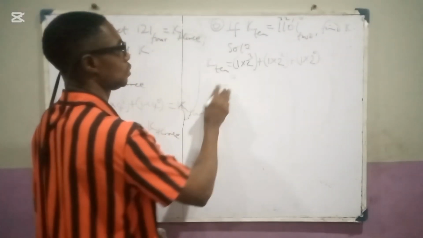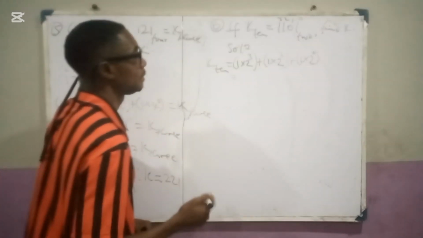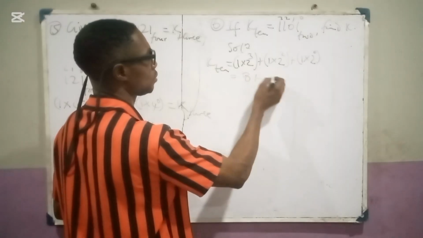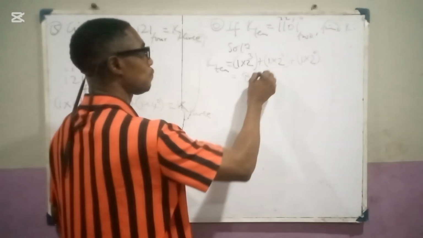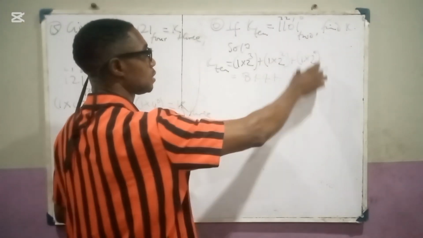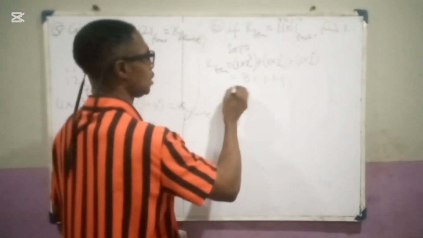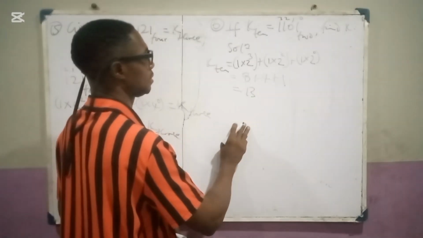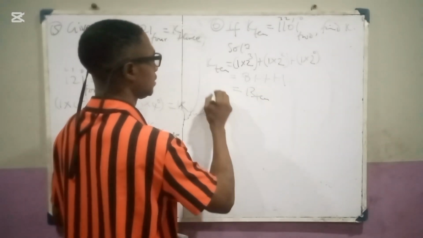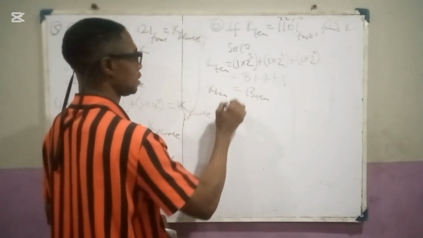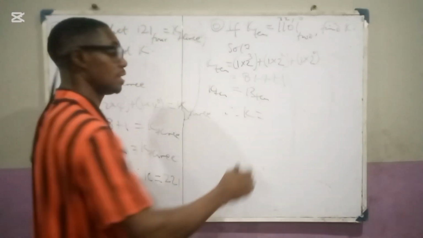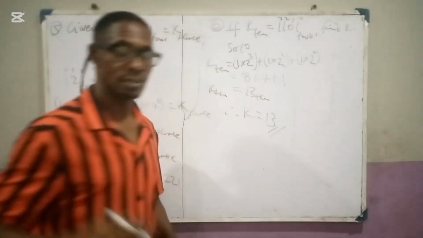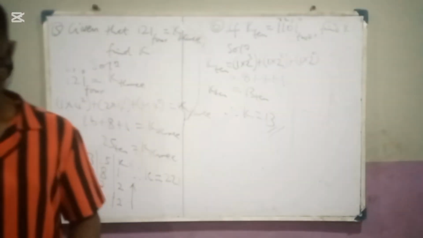Here, 2 raised to the power 3 is 8, times 1, 8, plus 2 raised to the power 2, 4, plus 2 raised to the power 0, 1 times 1, 1. What we have is 13 in base 10, and we have k in base 10. Therefore, we say that k is equal to 13 as the answer. There you have it.